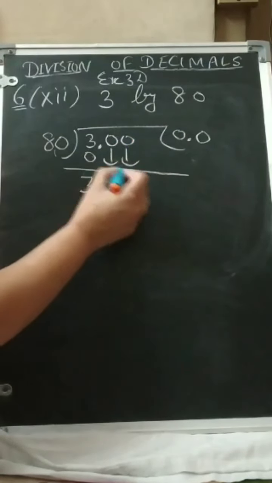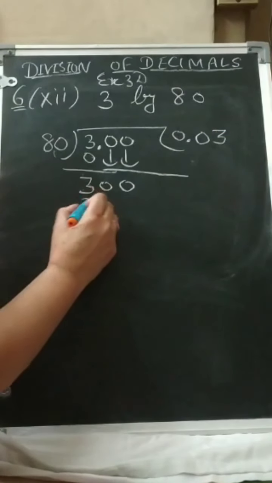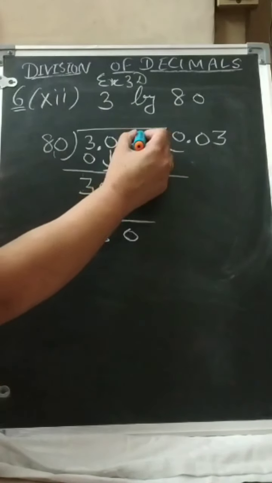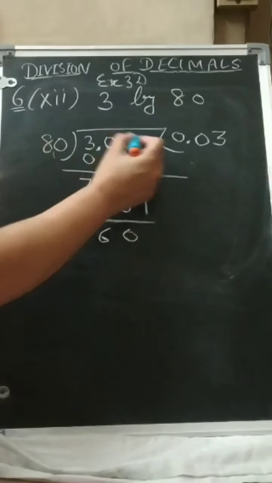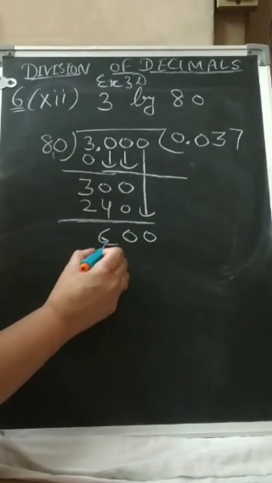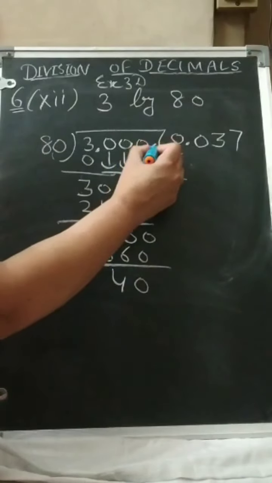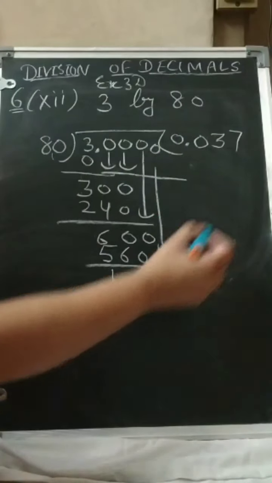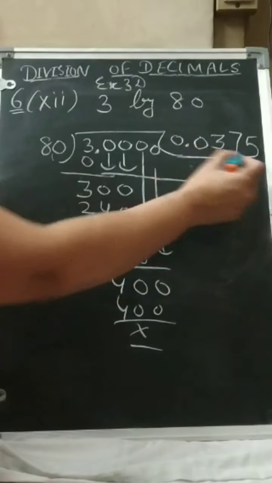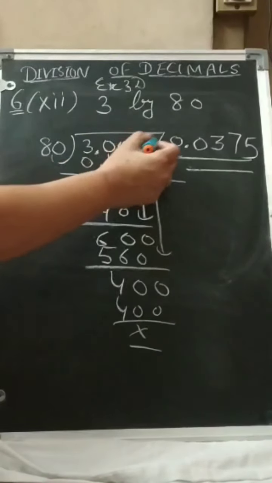Now it will go with 3 to 240. Now what will come? 60. One more 0. As many 0s as you want, you can put after the decimal. 600. Now it will go with the 7, 5 7s are 560. Now one more 0 we want, you can take. Now it will go with the 5. And this is your answer. So in decimal sums, you understand how to put the point, and afterwards we can take as many zeros as we want to get our remainder 0.